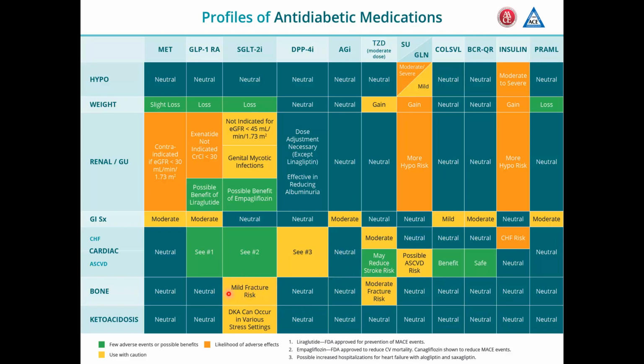So ultimately this diagram or table shows in a very quick way how the different anti-hyperglycemic agents act in different aspects of diabetes mellitus patients. So you can pause the video and check it thoroughly if you want.